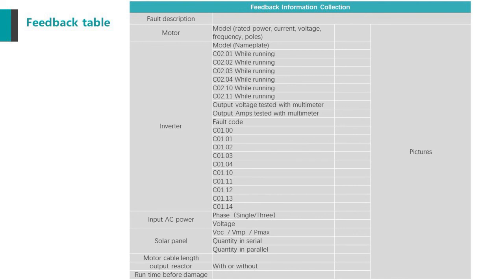All these informations could be used to judge the problem. And the videos, pictures could help us a lot to find the problem.